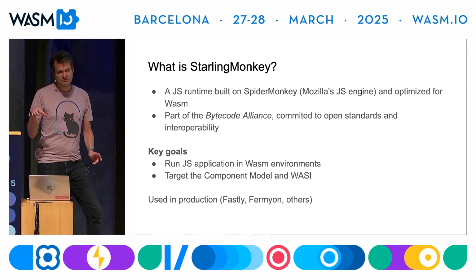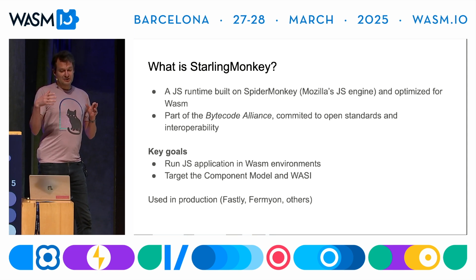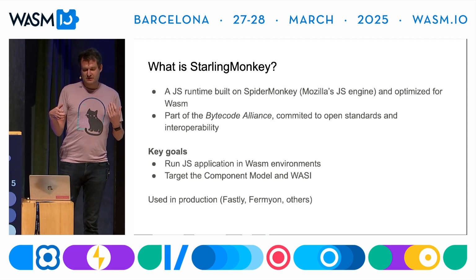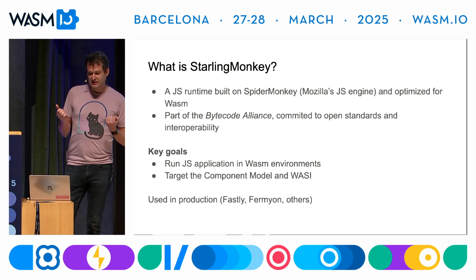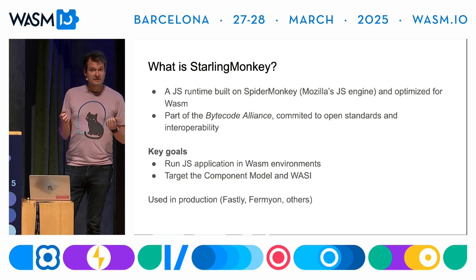I'll show JavaScript debugging in WebAssembly, and I'll quickly talk through how we're even executing JavaScript. We are using the JavaScript runtime StarlingMonkey, a Bytecode Alliance project based on the SpiderMonkey JavaScript engine that also powers Firefox.